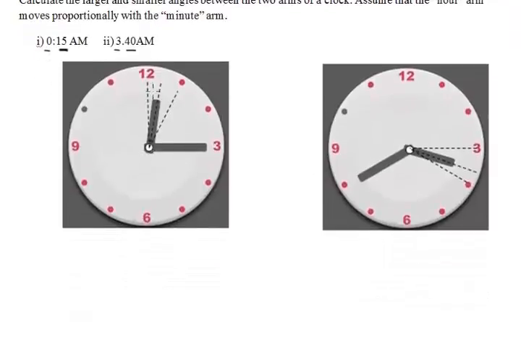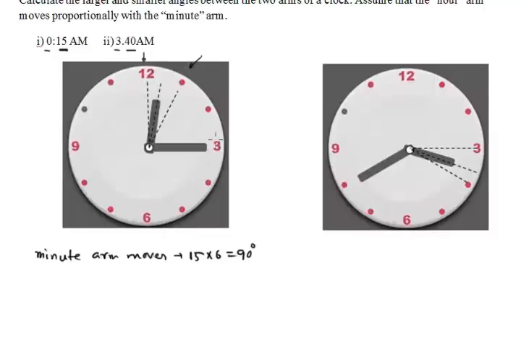So first, if we consider this as our reference point, then the minute arm, in 15 minutes time, moves... We know in every minute the minute arm moves 6 degrees. So in 15 minutes it moves 15 times 6, that is 90 degrees, and in 60 minutes the hour arm can move from here to here, that is, this 1 hour span is 30 degrees.